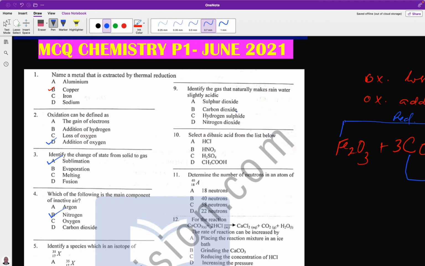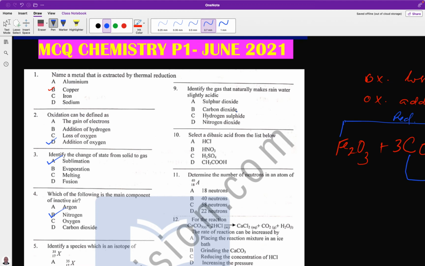So remember that normal rain has a pH of about 5.6 because carbon dioxide has dissolved in it. For it to be acidic, we have a pH of 1 to about 3 point something. But to be slightly acidic, it must have a pH of about 5 or 5.6.